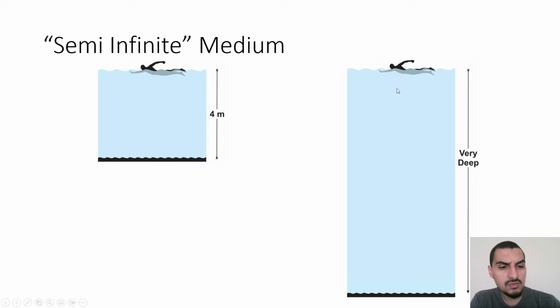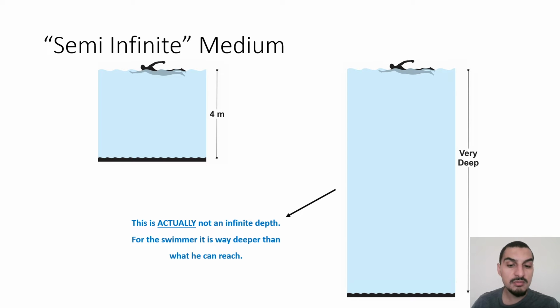No matter how deep he dives, he's not going to reach the other side or the floor of the swimming pool. No matter what's there, he cannot see it, he cannot feel it, he cannot understand what's going on on the other side. In reality it's a finite depth, but for him, he feels that it's infinite. It's farther than what he can reach, what he can feel, what he can understand.